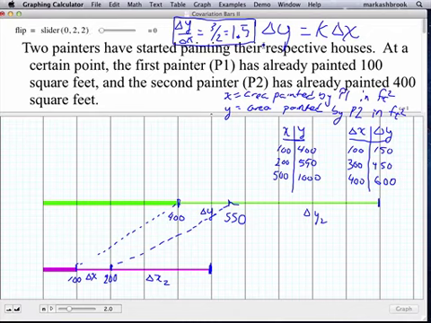Anything else that 1.5 means? Any additional amount painted by painter 2 is always 1.5 times whatever additional amount painter 1 paints.